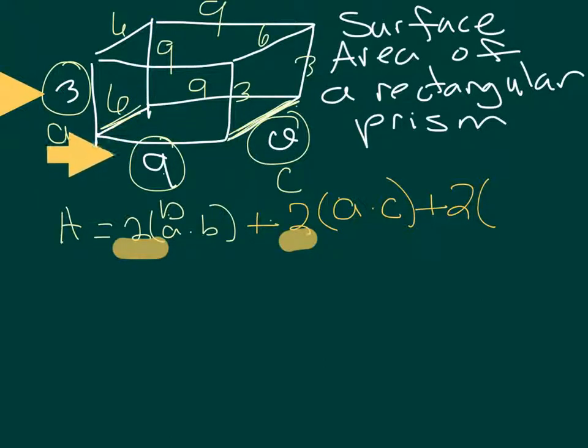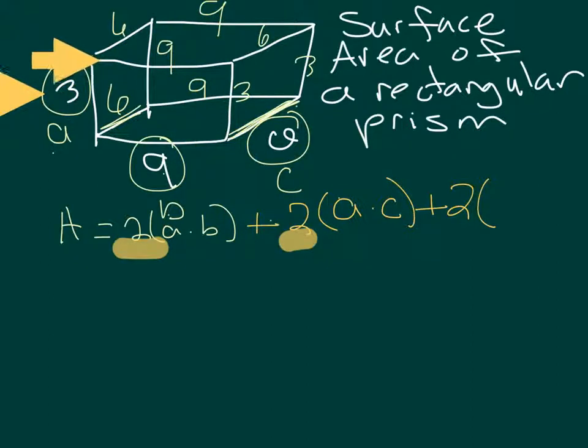I recognize the length of the bottom is B. There's my B. And then my height is this one, which is C. So it's B and C. Here's the top one that's exactly like it.